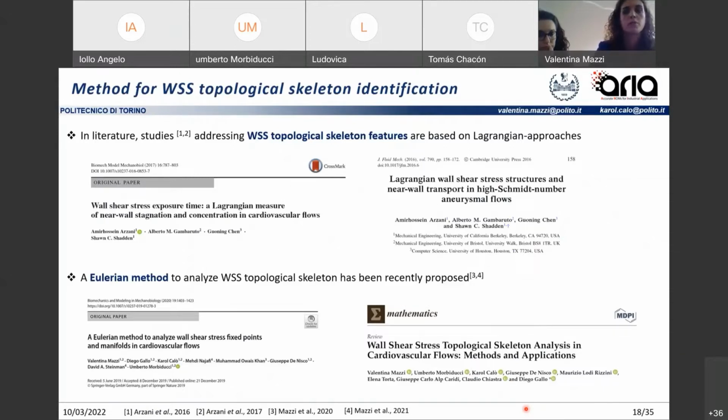However, Lagrangian-based methods are computationally expensive and time-consuming. Recently, our research group proposed a Eulerian method to analyze the wall shear stress topological skeleton. The Eulerian-based approach has a simple definition, making its implementation easy and characterized by a reduced computational cost.